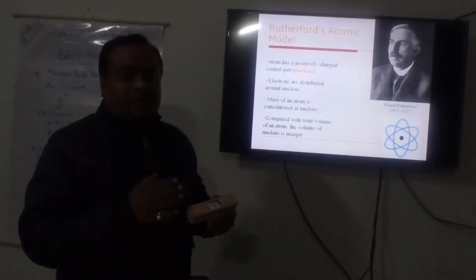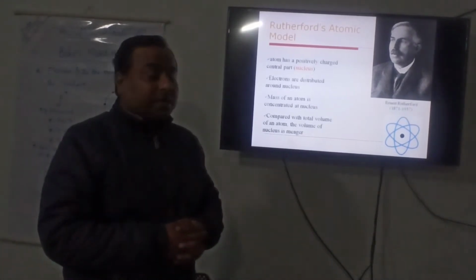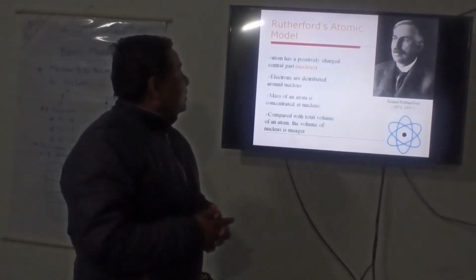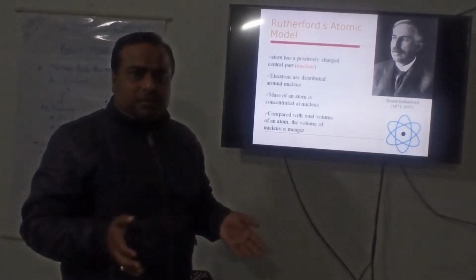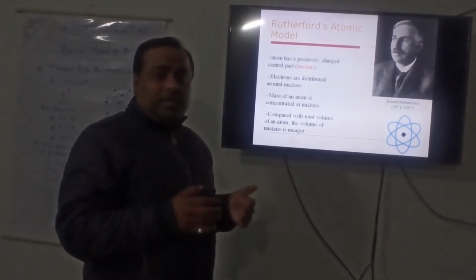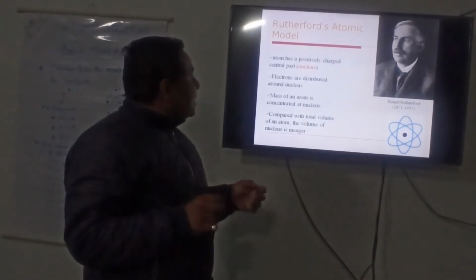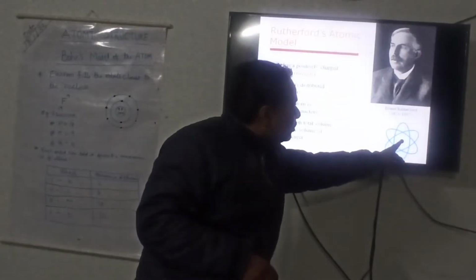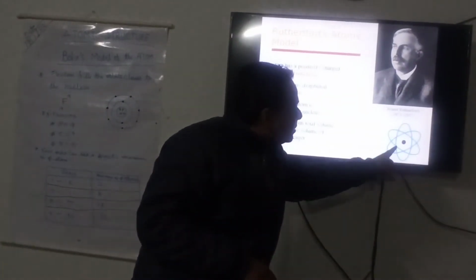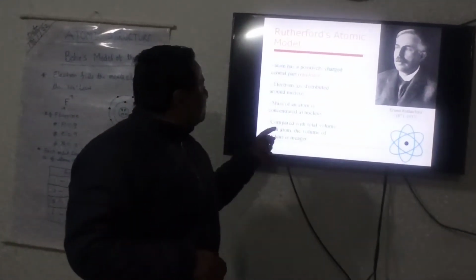Now another concept of atomic structure is given by Rutherford. According to Rutherford, the atom has a positive charge at the nucleus. Electrons are distributed around that nucleus. This is the nucleus, and this is the orbit of these electrons.